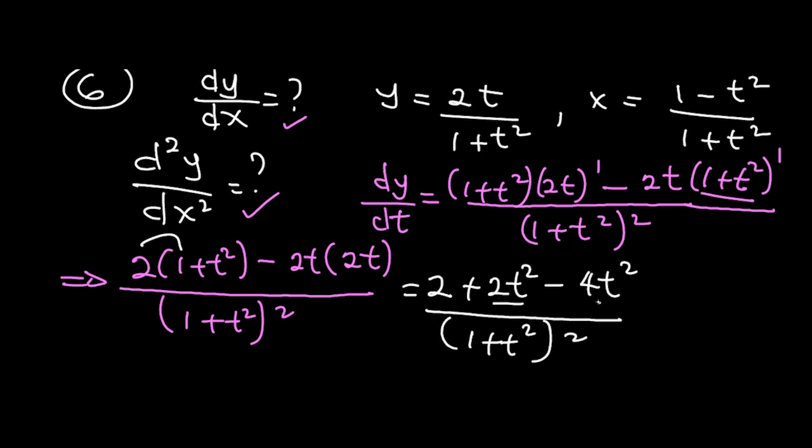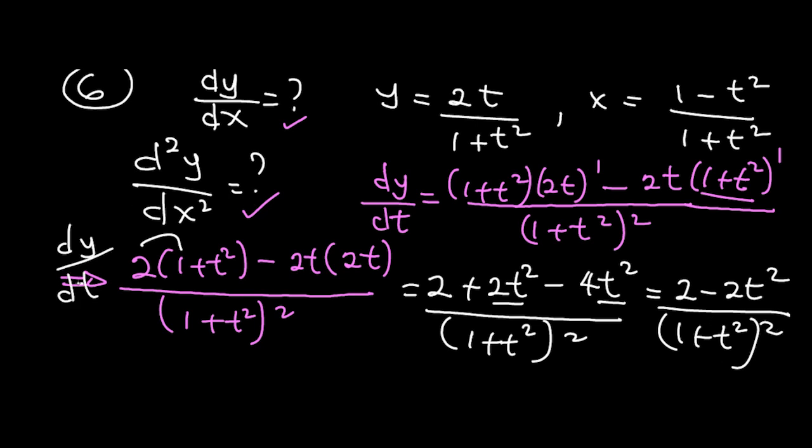So this gives us minus 2t squared. So we have 2 minus 2t squared over the denominator. That's dy/dt.